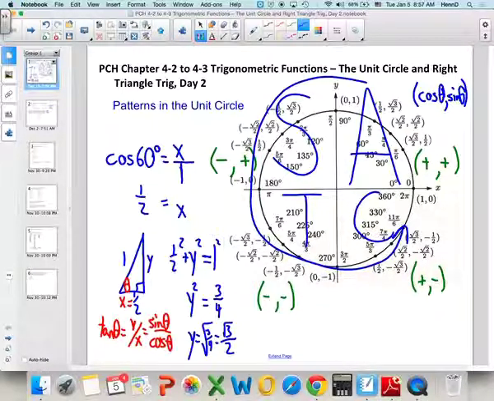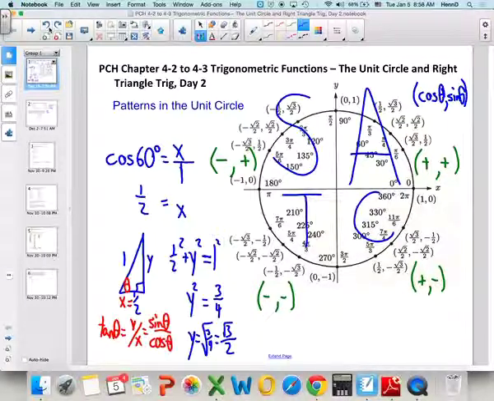Or if you start from the bottom, it's CAST. So however it helps you remember, the nice thing about all students take calculus is it goes quadrant 1, 2, 3, 4. So that's probably the easiest people have found to use.